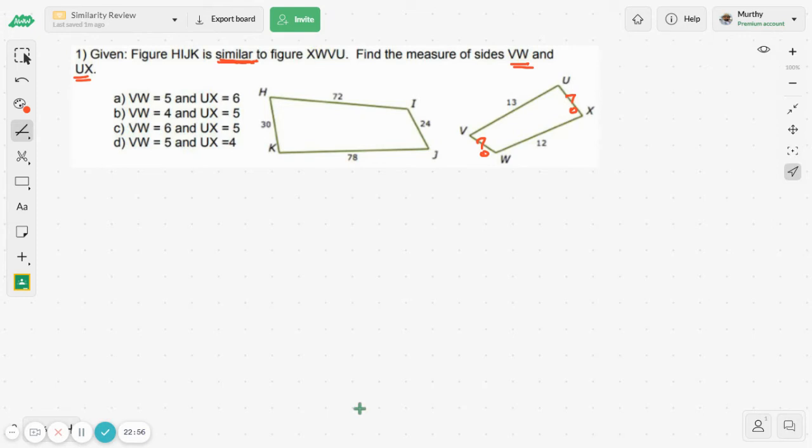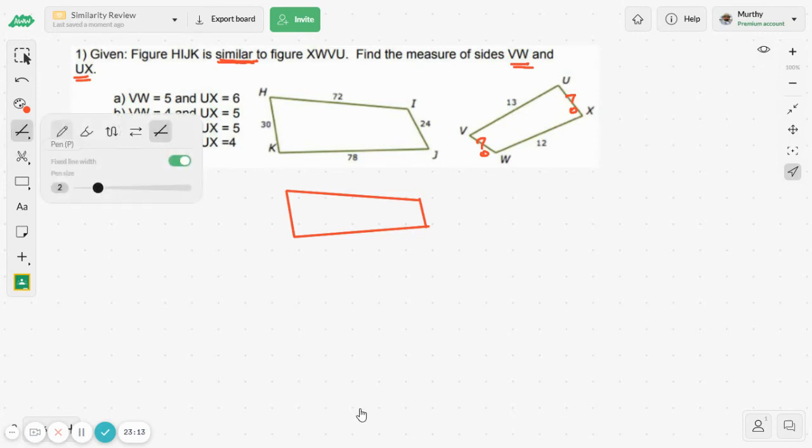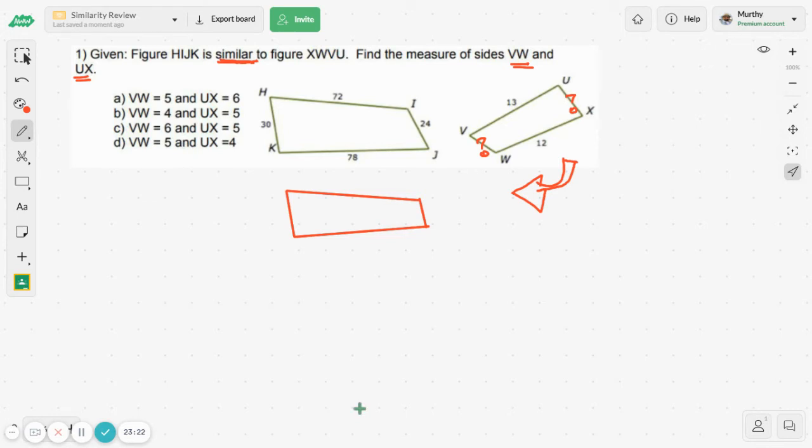Let me draw the small one here, which is a little smaller than this one, but it is similar to it. I'm drawing it once again with the same orientation so that I can compare these two figures easily. That makes sense. Now let me label them.